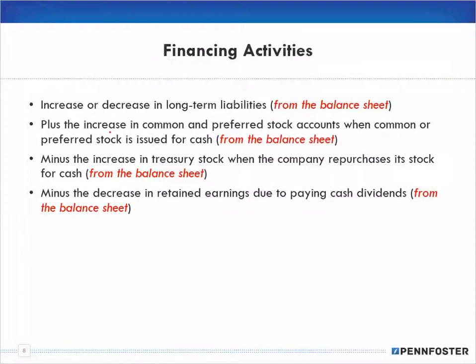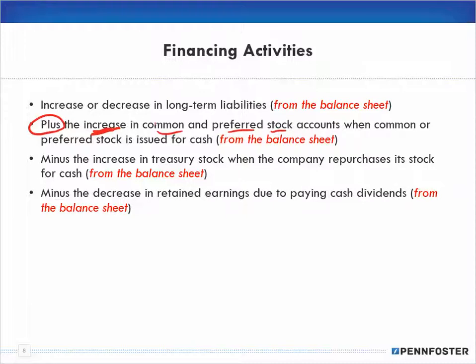Then we look at plus the increase in common and preferred stock accounts when common or preferred stock is issued for cash, from the balance sheet. So when we're selling common and preferred stock for cash, not as a stock dividend, we have to add in that increase for the sale of the common and preferred stock.